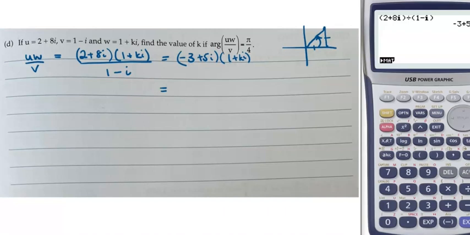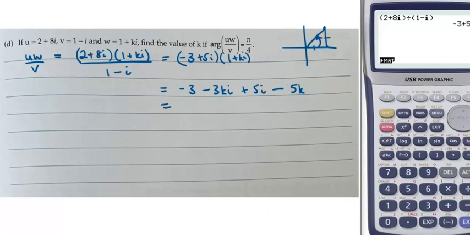And now let's expand that and see what we get. So we've got minus 3 times 1, minus 3 times ki. We've got 5i times 1, and then 5ki squared. Now the i squared is the same as minus 1, so I'm going to change that to a minus 5k.